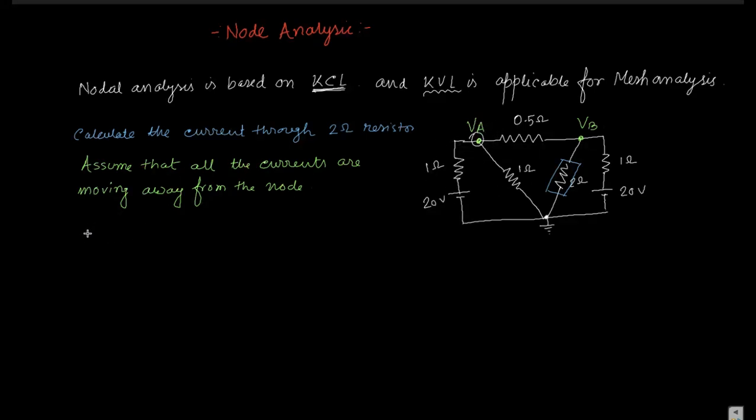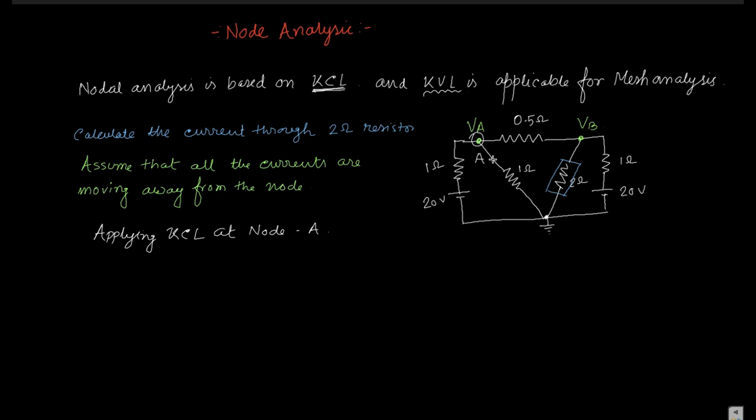So let's write, applying KCL at node A. This is node A, where the voltage is VA.